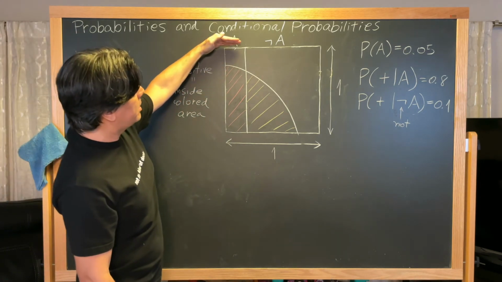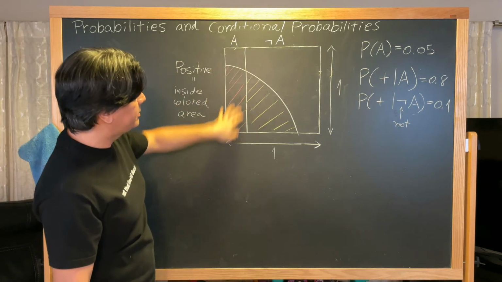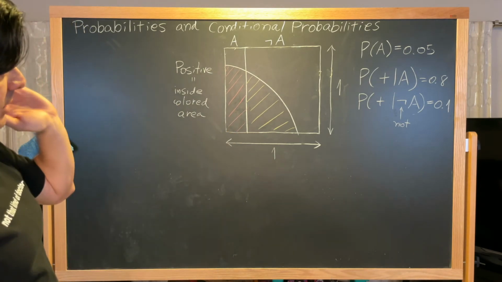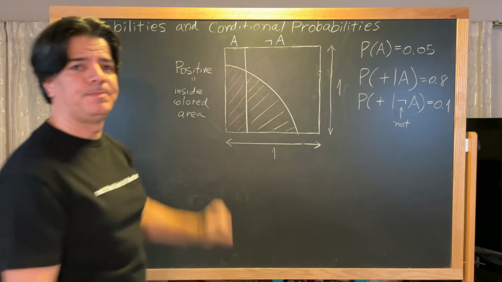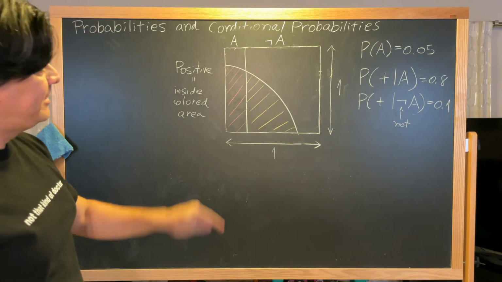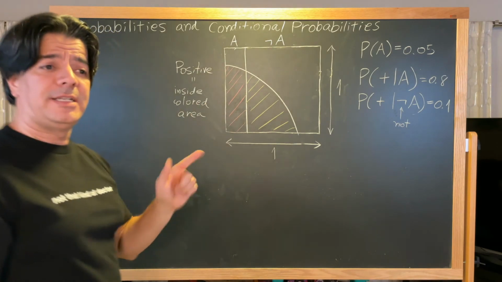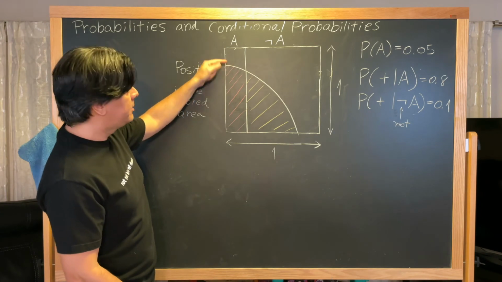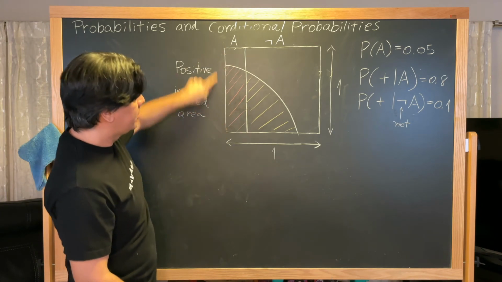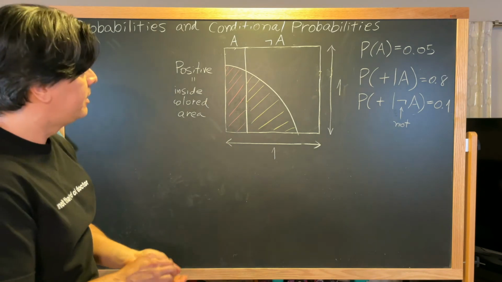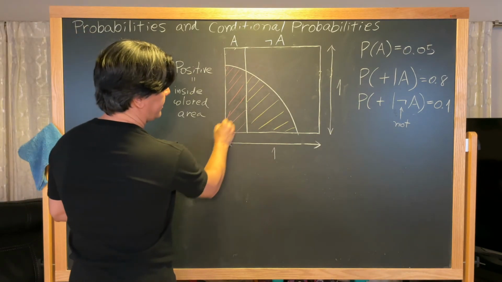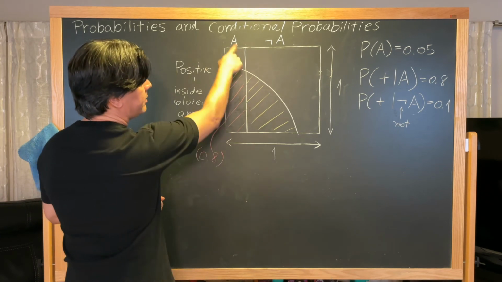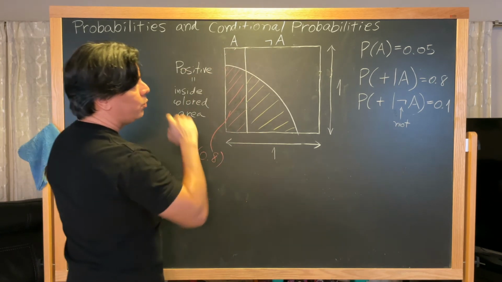Given that you are in the allergic part of the universe, so if I shoot a dart and I tell you it fell somewhere in here, and the chance that it fell in the red part is 80%, that is only true if the red part is 80% of the total area of that strip. So the size of this red area is 80% of this A area, which is 5%.